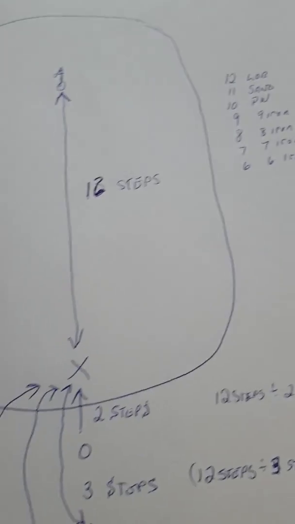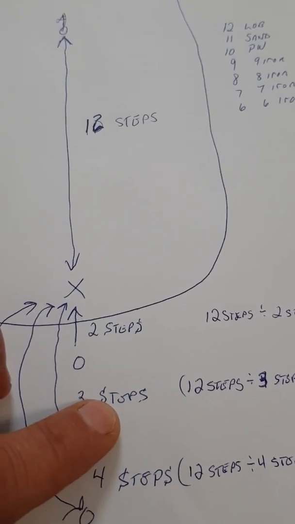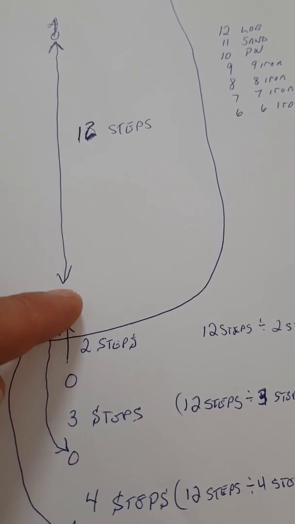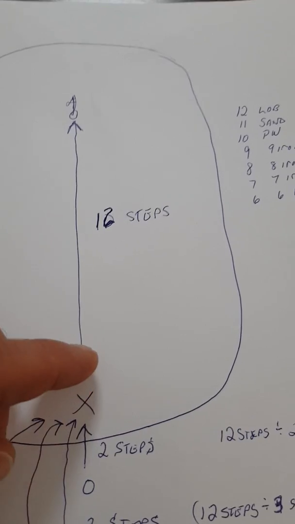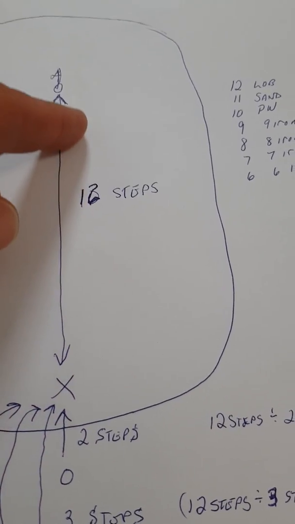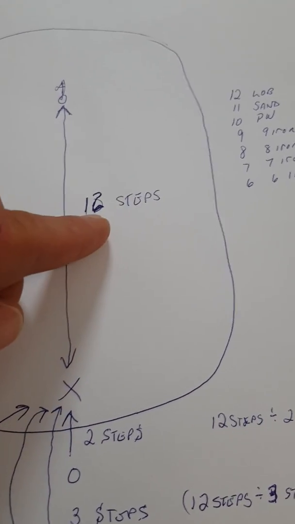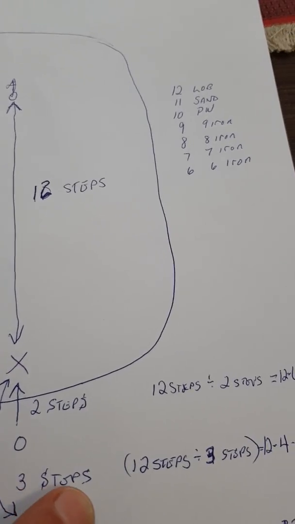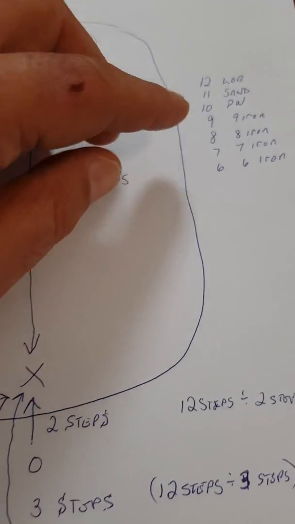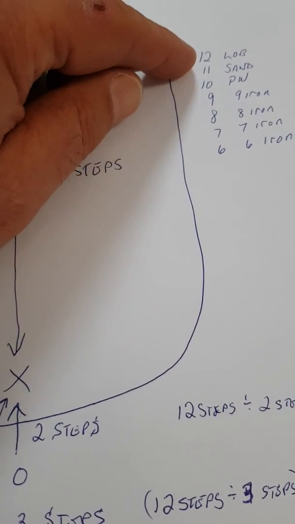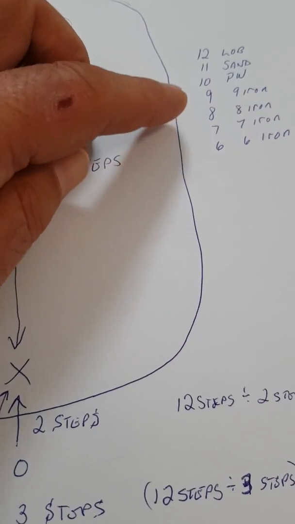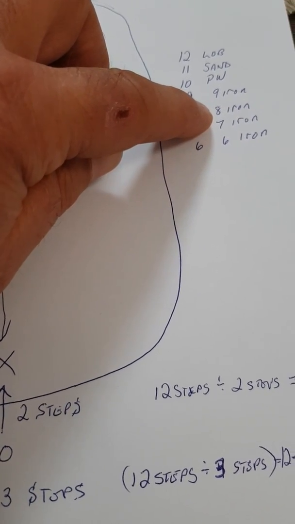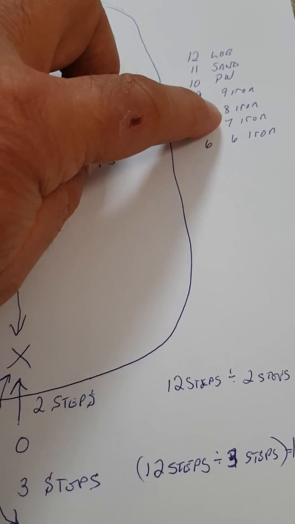Okay? Now, let's say you're 3 steps away. Same target area. Takes you 3 steps to get here. And then you got the same 12 steps to get to the hole. So that would be 12 divided by 3 equals 4. So then you come up to the rule of 12 and you go 12 minus 4 equals 8. So you would select your 8-iron to make the same chip.